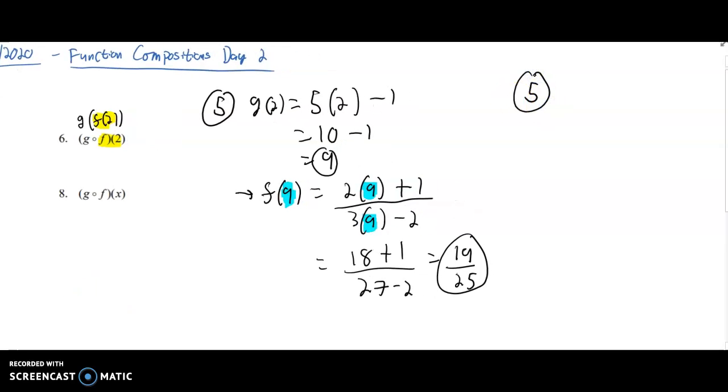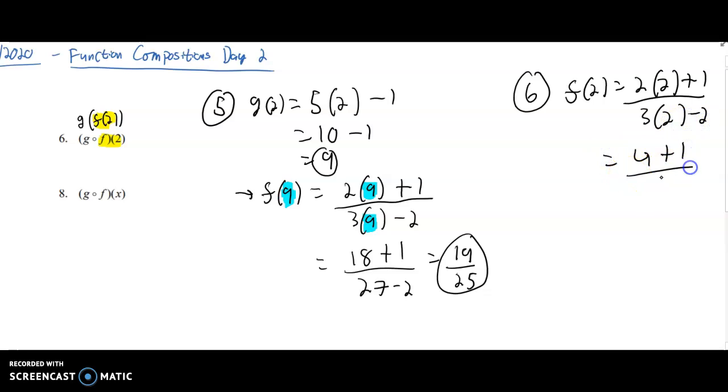This is number 6, not number 5. So f of 2 is 2 times 2 plus 1 over 3 times 2 minus 2. We get 4 and 1, 6 minus 2. So we have 5 halves.